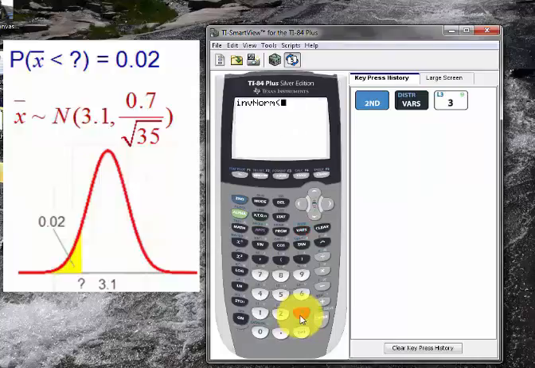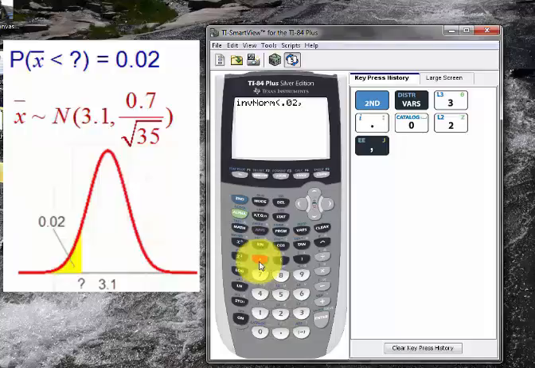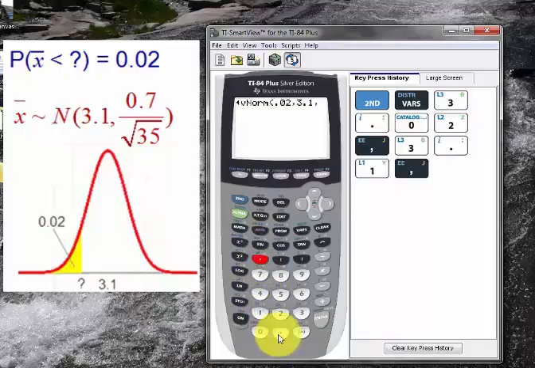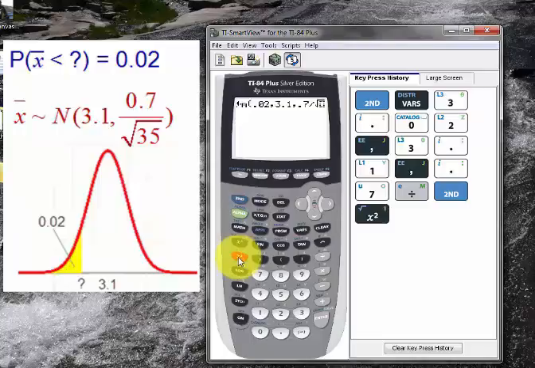And then here we type in the 0.02 first, 0.02 for the second percentile, comma, and then if you remember, our mean was 3.1, comma, and then 0.7 divided by the square root of 35.